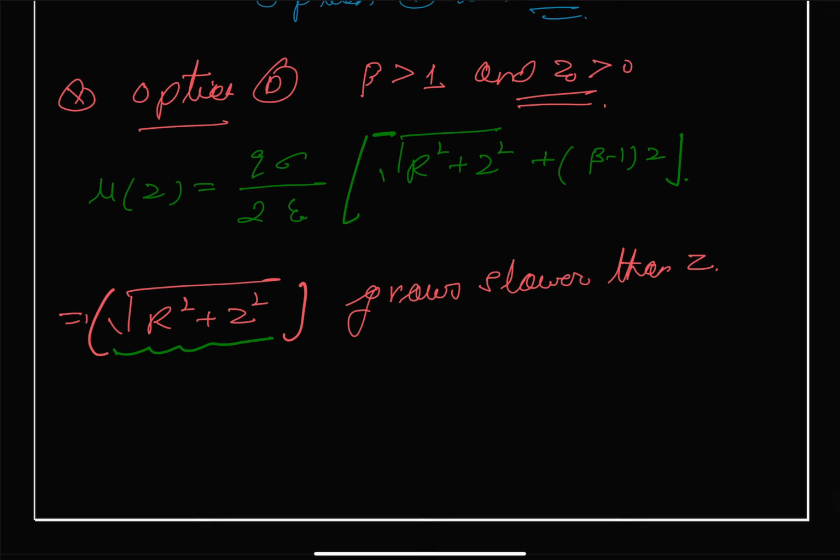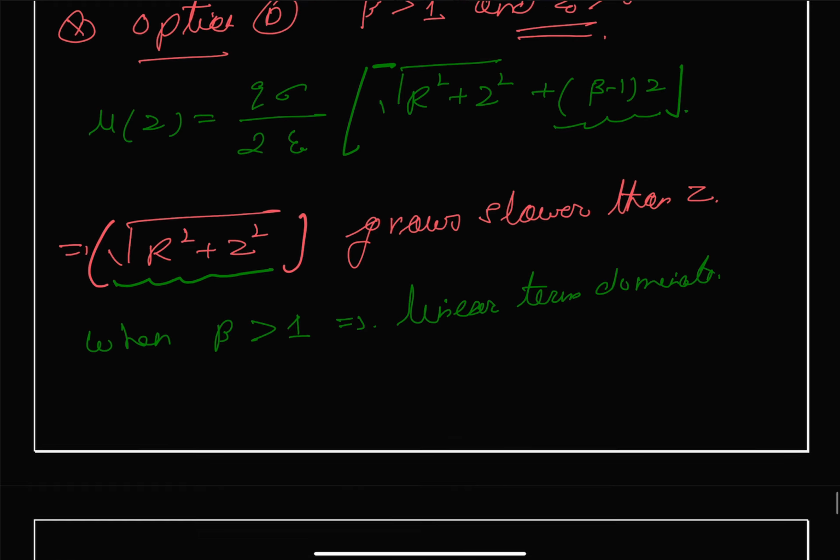But when beta is greater than 1, because of this the linear term is going to dominate. If the linear term is going to dominate, we can say that both the terms, the first term as well as the second term, are increasing. First term increasing slowly, whereas the linear term is going to dominate.